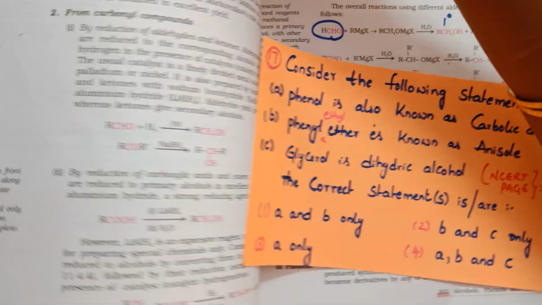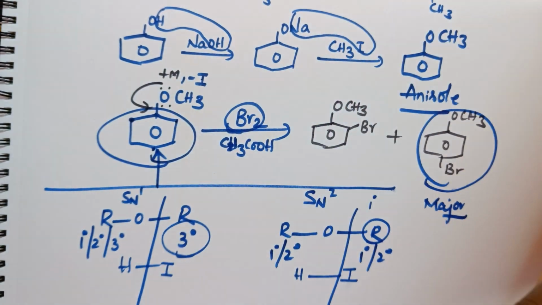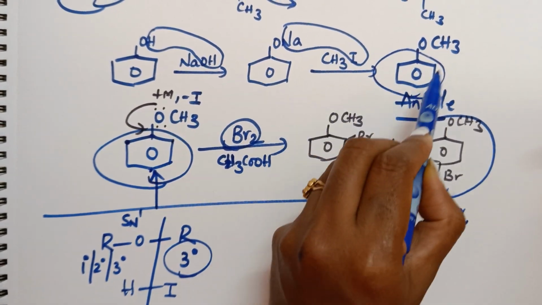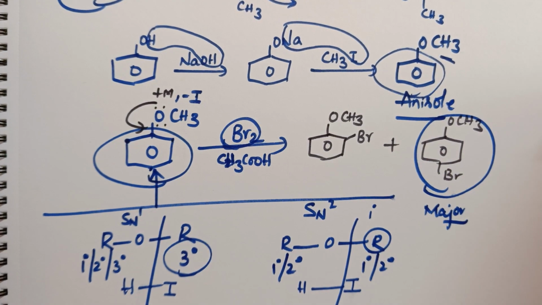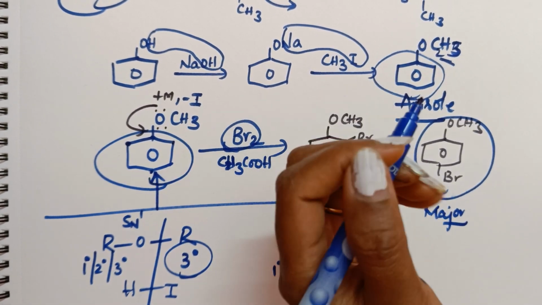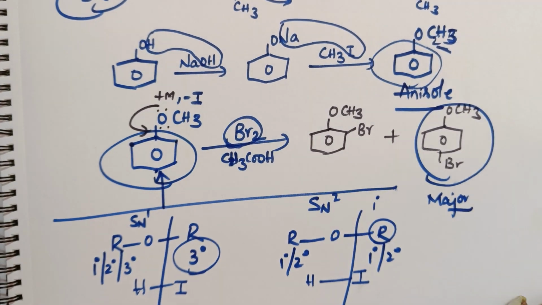Just now I discussed with you: phenyl methyl ether is known as anisole, not ethyl. If you keep an ethyl group here, the C2H5, that becomes phenetole. Can you tell me what that is?